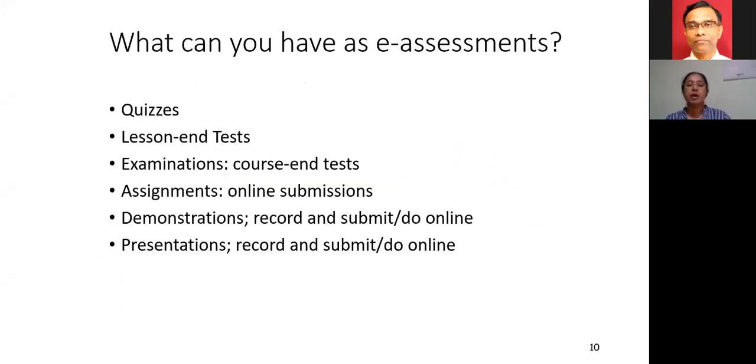So now we can think about what sort of assessments there are. What can you have as e-assessments? There are quizzes, lesson end tests. At the end of each lesson, you can have lesson-end tests. The test and the quiz are two different words, and even in blended learning programs we describe these two terms.